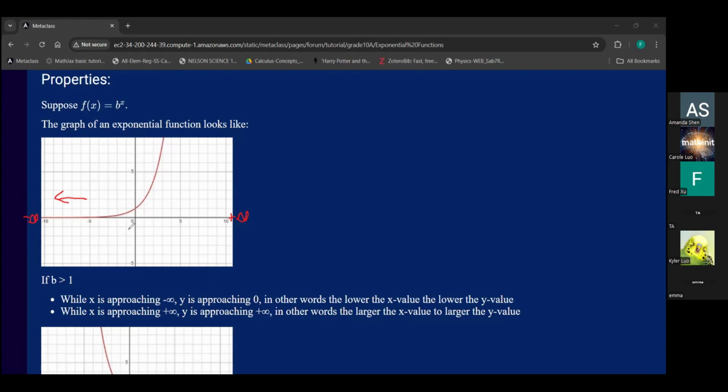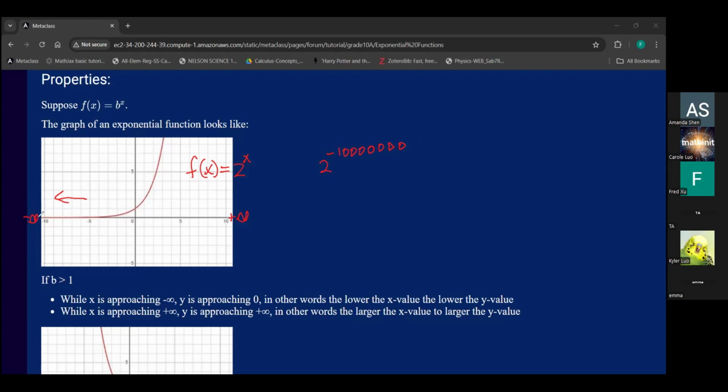No matter what power you put to a number, like this graph, f of x is equal to 2 to the power of x, no matter how small a number it is, let's just say negative 1000, this is still a decimal. It doesn't matter how many zeros you add to the end, it'll always be a decimal.